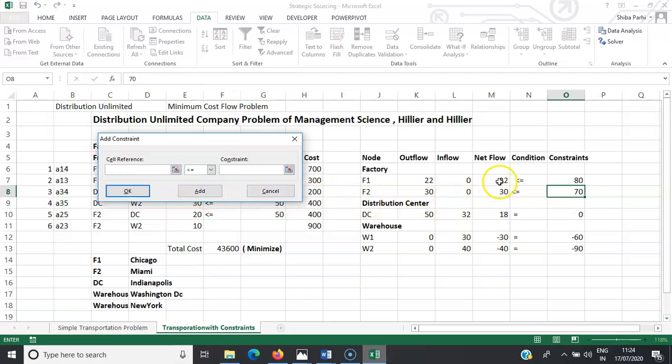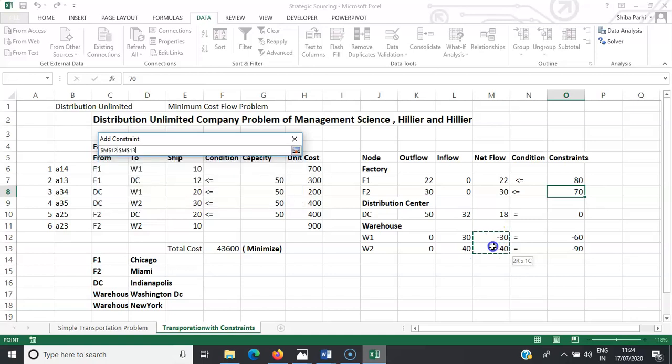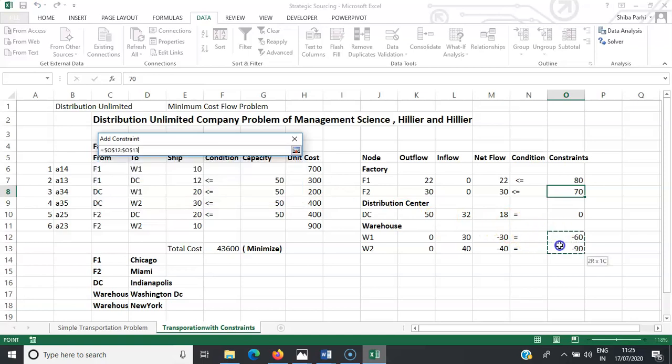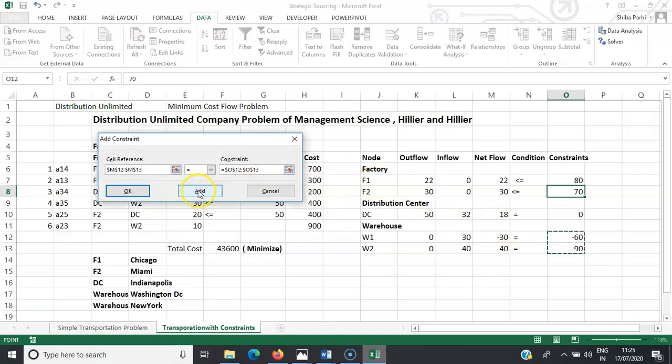Second, the material quantity that we are receiving should be less than or equal to my quantity. Then the material which the warehouse is receiving should match, equal to this requirement quantity. Like this, I put all the constraints.